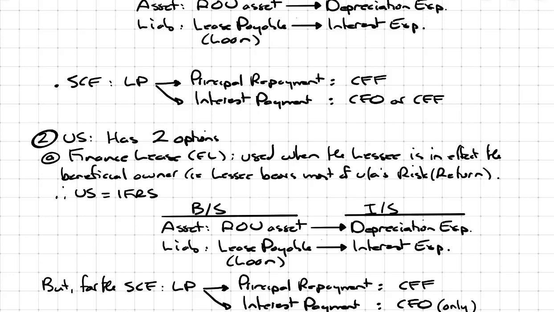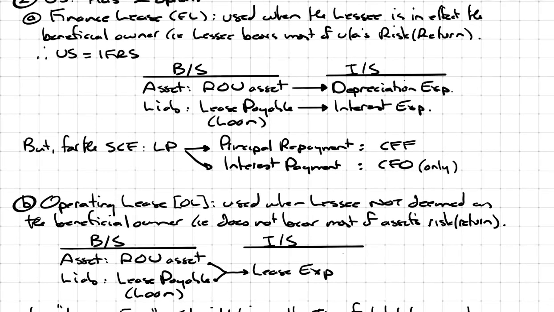So that is the only difference between US and IFRS from the lessee's point of view when it comes to finance lease accounting method. IFRS allows two options for interest, whereas US GAAP only allows one, and that's CFO, okay?